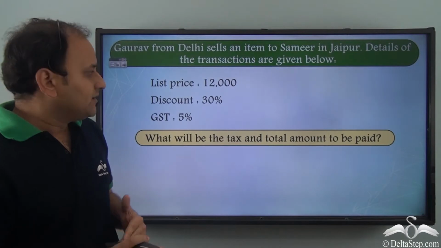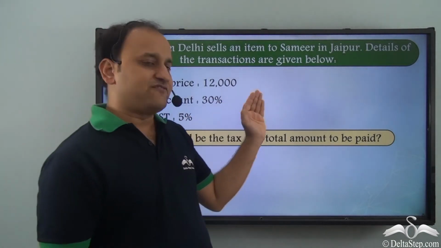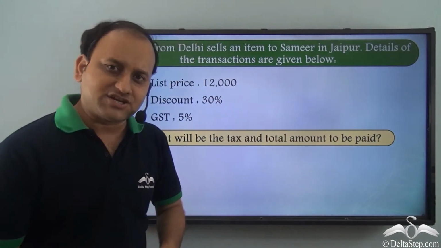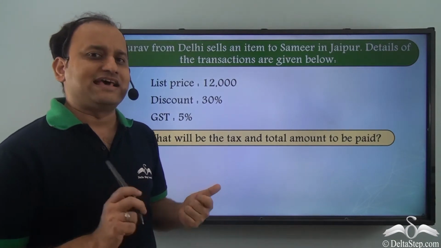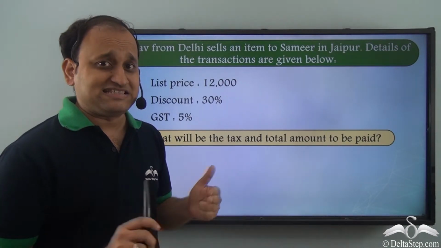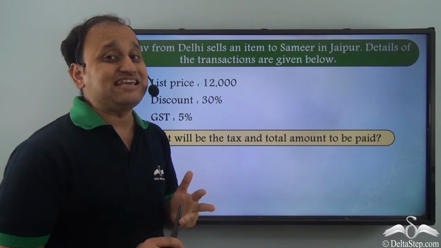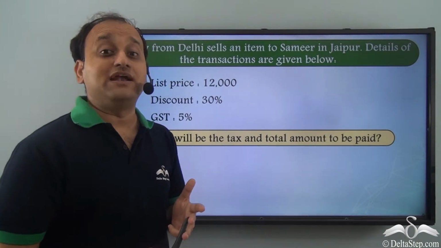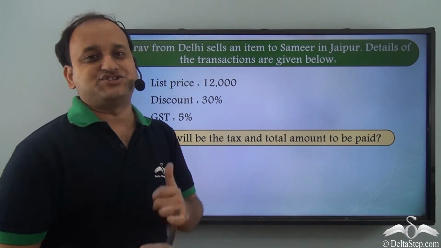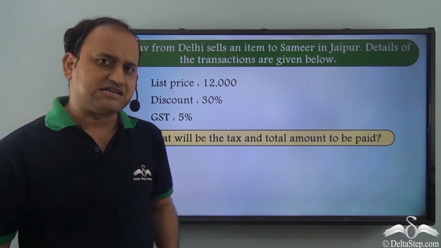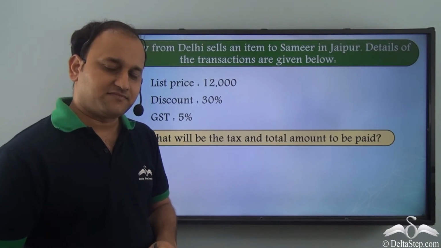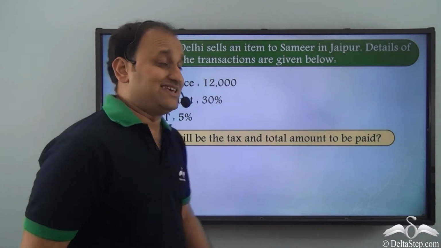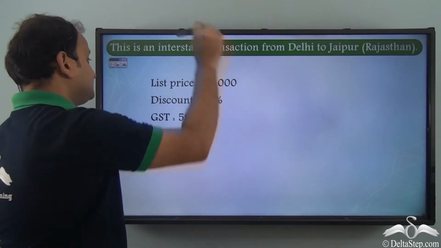So, can you tell me what are the taxes that will be applied on this transaction? Will it be SGST? Will it be CGST? Will it be IGST? Or will it be CGST plus SGST? What do you think will be the right answer? Well, let's see what will be the right answer.